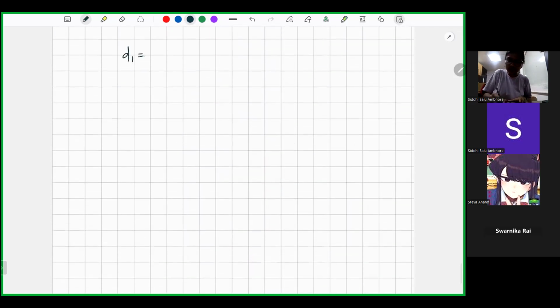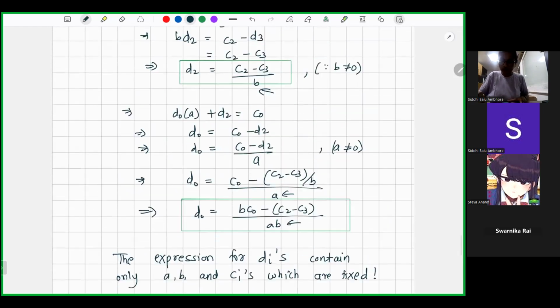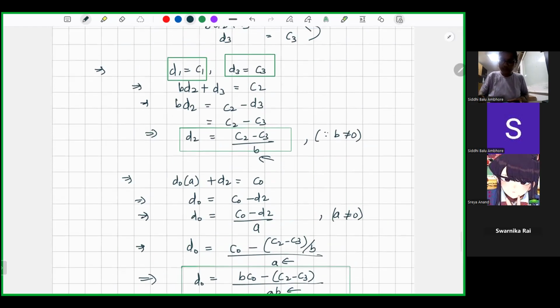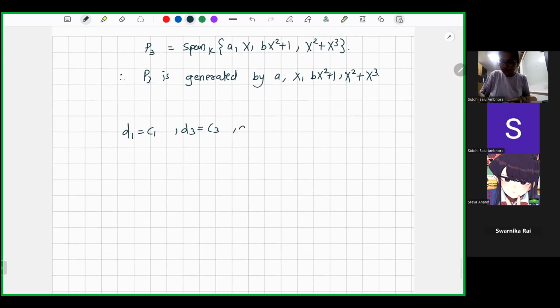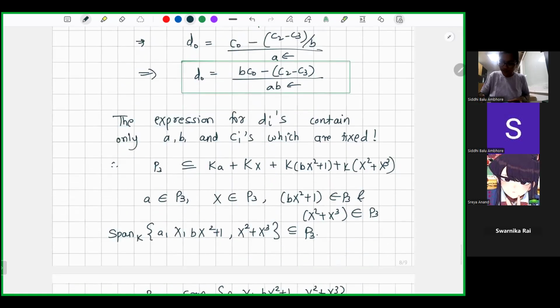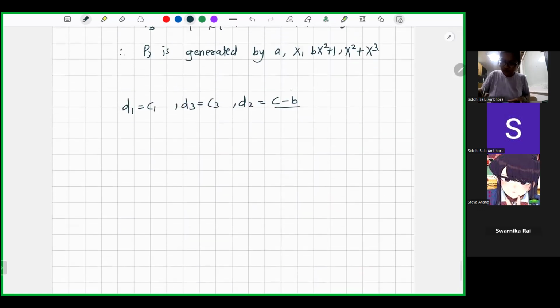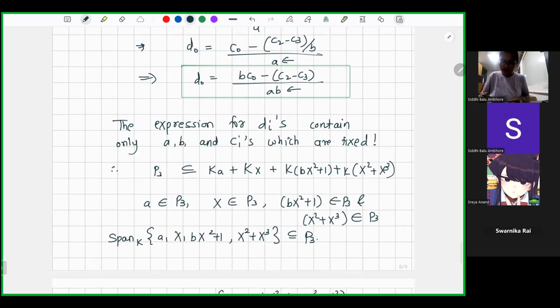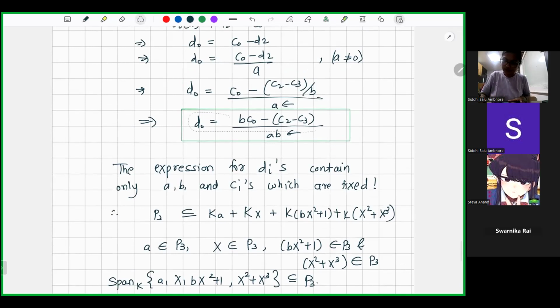So my d1 was c1, d3 was c3 if I'm not wrong. d2 has this expression, c2 minus c3 by b. And d0 was this. Let me just copy it from here.